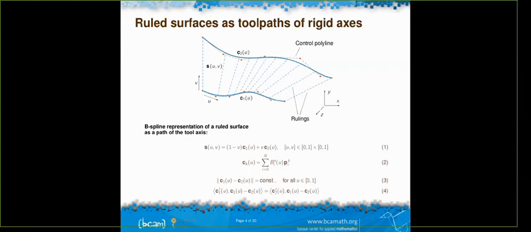As I told you before, it's a trajectory of the tool axis motion. In equation 2, we have the B-spline representation of each boundary curve. Equation 3 guarantees that the ruling has constant distance, and equation 4 is the first derivative of that. Equations 3 and 4 are both the ruling constant criterion of the ruled surface.